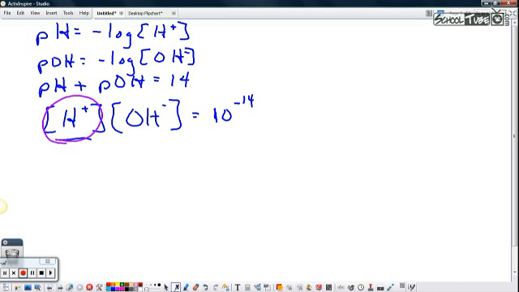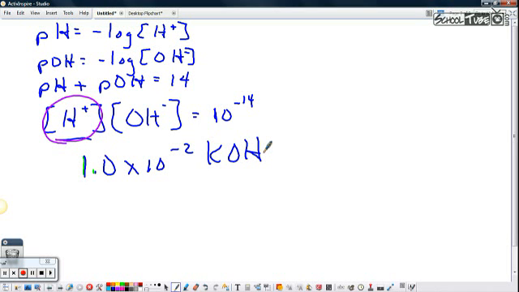We are going to try to find the pH of, let's do D. We want to know the pH of D. So we have 1.0 times 10 to the minus 2 KOH.